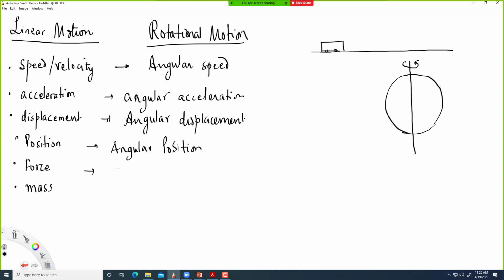Instead of angular force, we say torque. So in the linear case, when you push it, you're applying force. But here, when you push this in such a way that it rotates, then you say you are applying torque. Torque means something that produces rotation. Mass, no angular mass, it's called inertia, or rotational inertia, or moment of inertia.